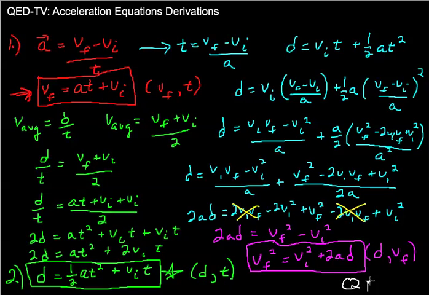Hopefully you understood those derivations, and it'd be nice if you could actually do those derivations yourself. You might want to start with this one and then figure out average velocities and work on the next one, and go from there to the final equation, so you can always derive them yourself. So hope you understood all that.